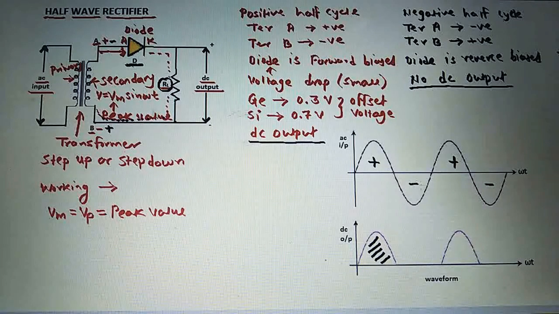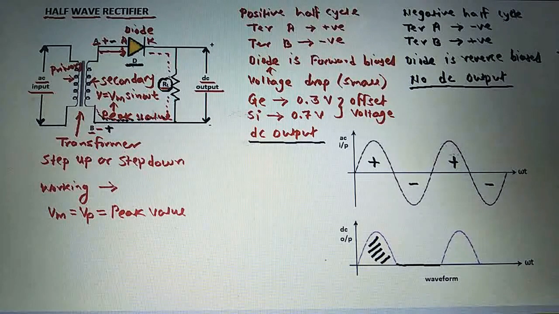But during the negative half cycle, the diode is in reverse bias, so the diode is not conducting. So there is no DC output across the load resistance. During the negative half cycle, we will not get any output here.